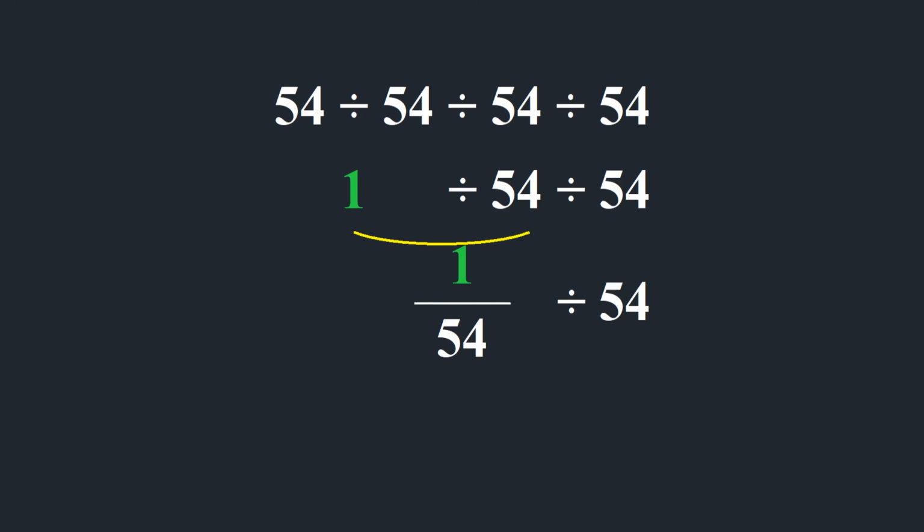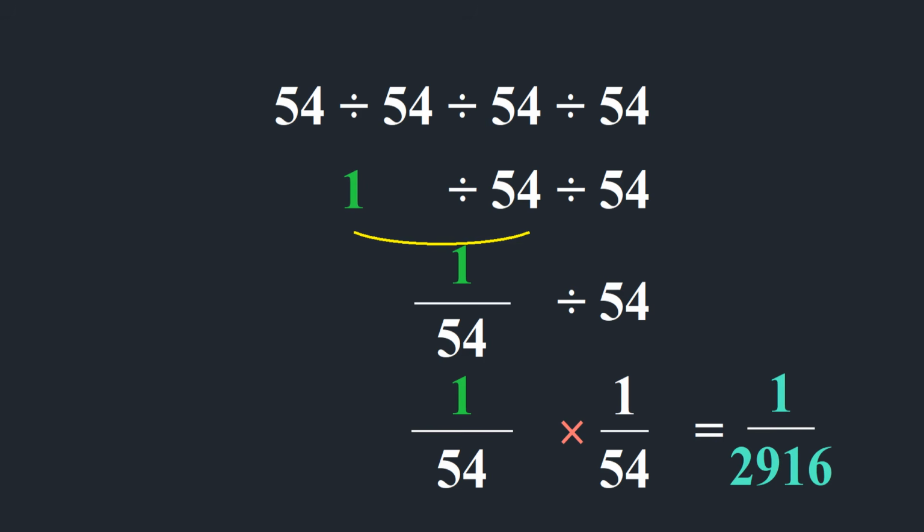So we must keep the first fraction 1 over 54 and change division to multiplication, then flip the second fraction, 1 over 54, which equals 1 over 2916, and this is our final answer for this problem.